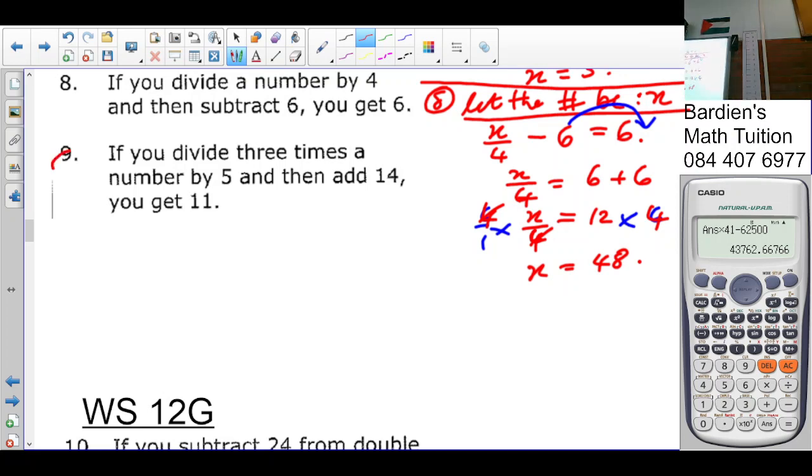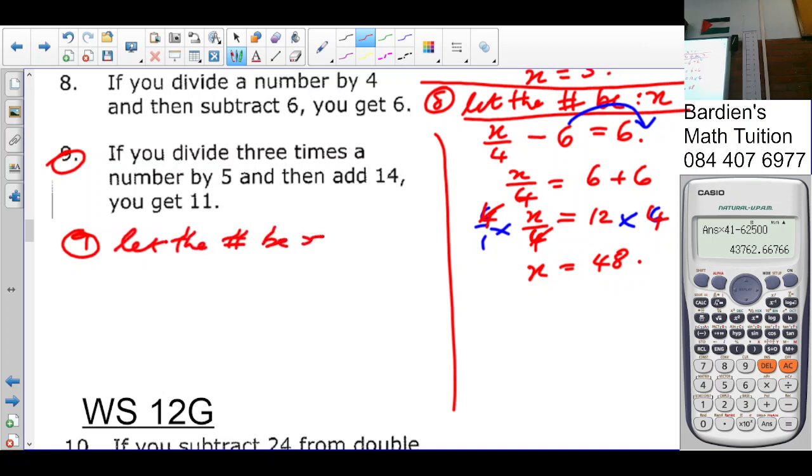Look at number 9. If we divide 3 times a number, so let the number be x. That's the case, what we say. 3 times a number is going to give you 3x.